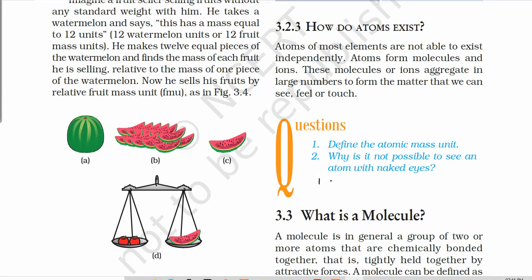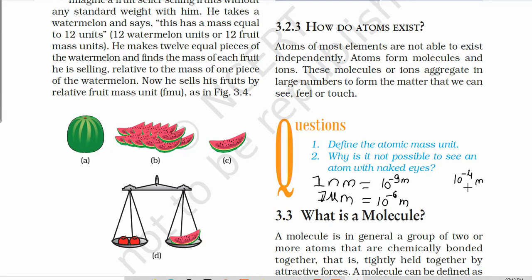The size of atoms is generally measured in nanometers or micrometers. Nanometers means 10 to the power minus 9 meter, and micrometer means 10 to the power minus 6 meters. Sand grains are about 10 to the power minus 4 meter in size, and we can't see a sand grain properly with our naked eyes.